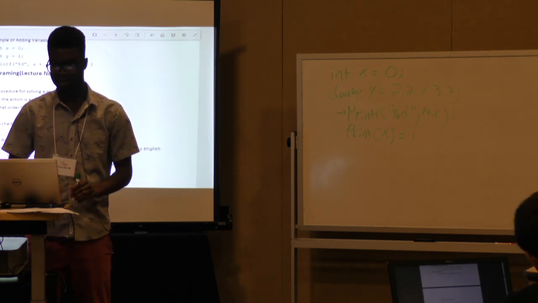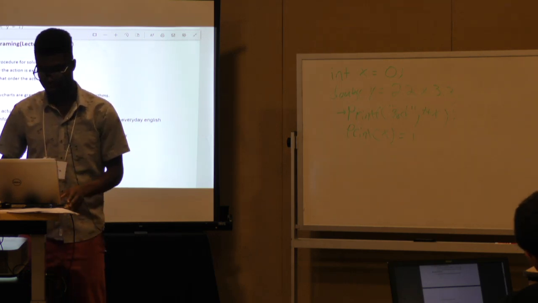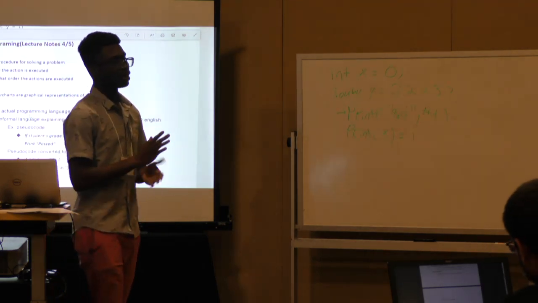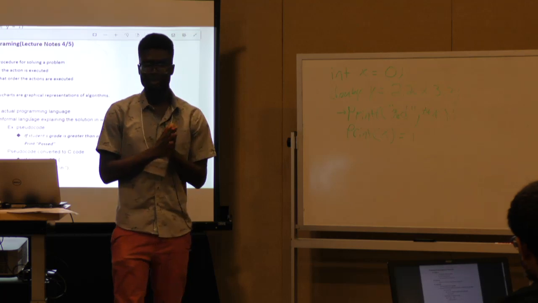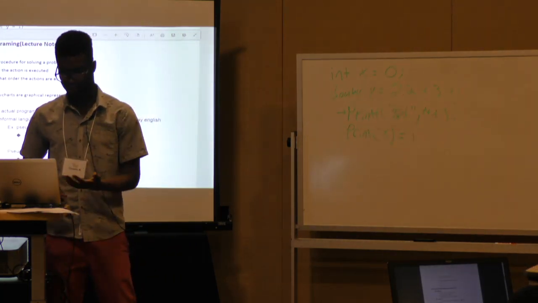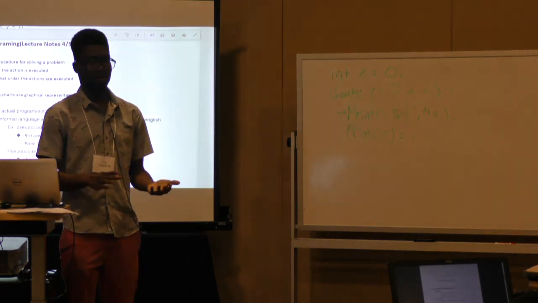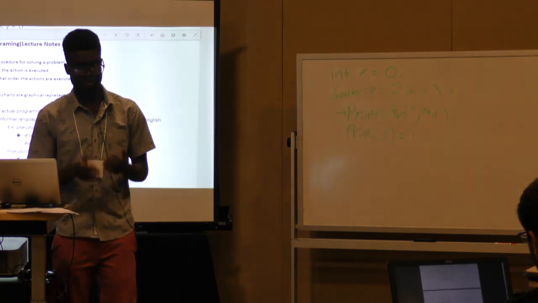All right, so let's get into a little discussion about program structure. For the most part, all the programs you write are an algorithm. Algorithms are useful because they provide us with a method of solving a problem. They describe how we will solve that problem and the steps we need to take to solve it.